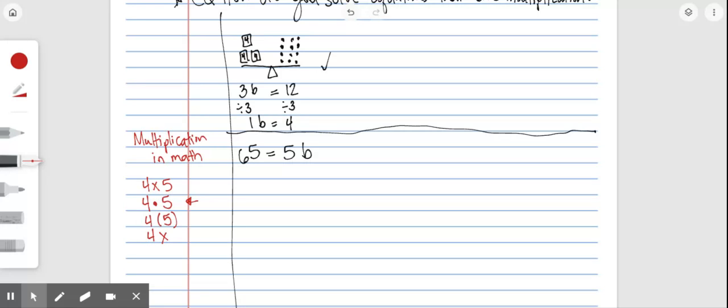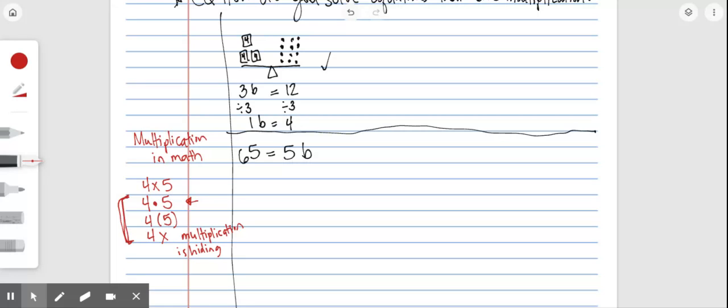There is multiplication hiding here, between the 4 and the x. There's a little multiplication sign hiding there. And again, we don't write the multiplication sign because mathematicians like to write as little as they can. It's called being concise, and so they don't write it. So in middle school, these are the 3 different ways that you're going to see multiplication.